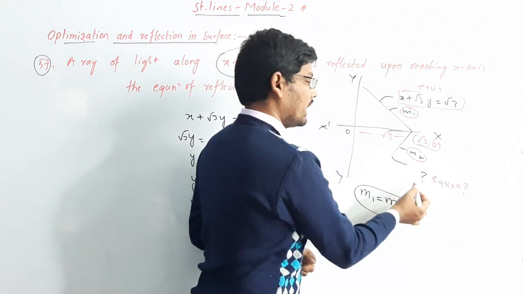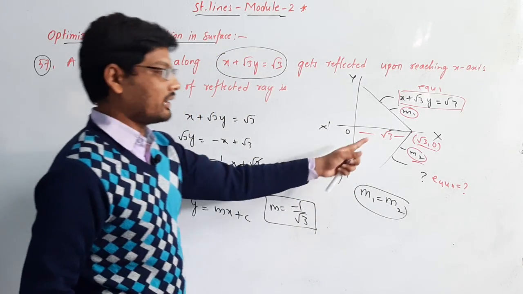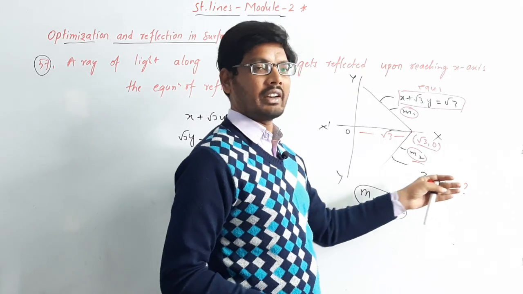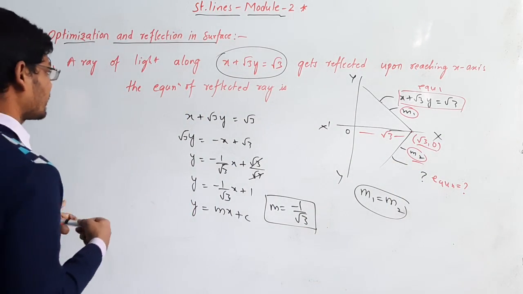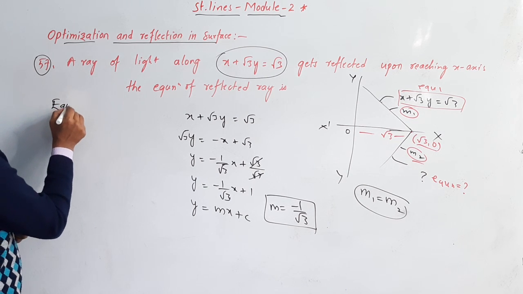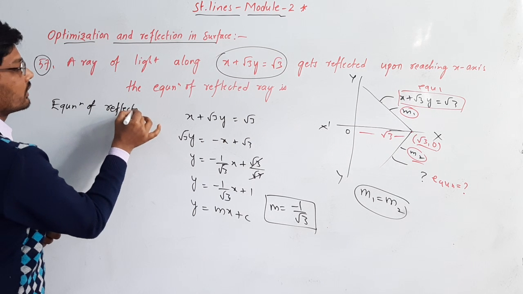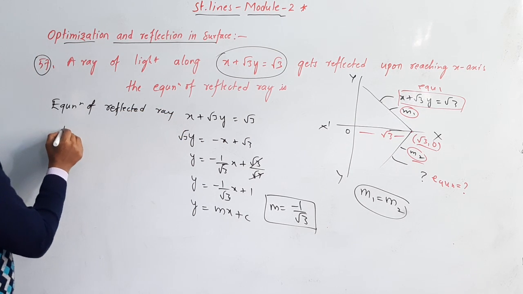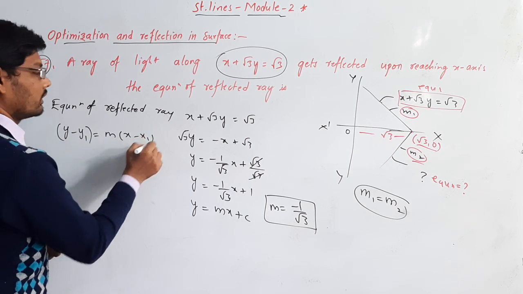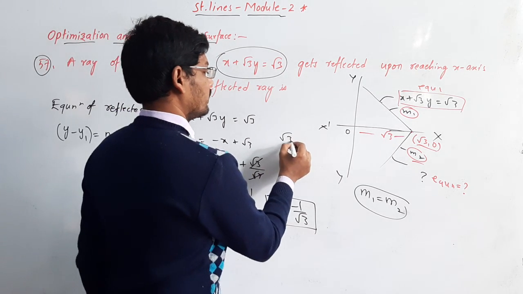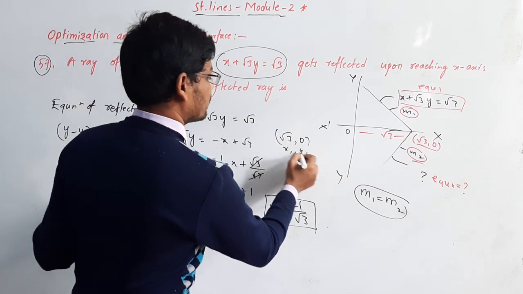Here we have the point and the slope. The slope m1 we already got is minus 1 by root 3. After getting the slope and point of intersection, we can find the equation of this straight line. The equation of the reflected ray is y minus y1 is equal to m into x minus x1, where x1, y1 is root 3 comma 0.